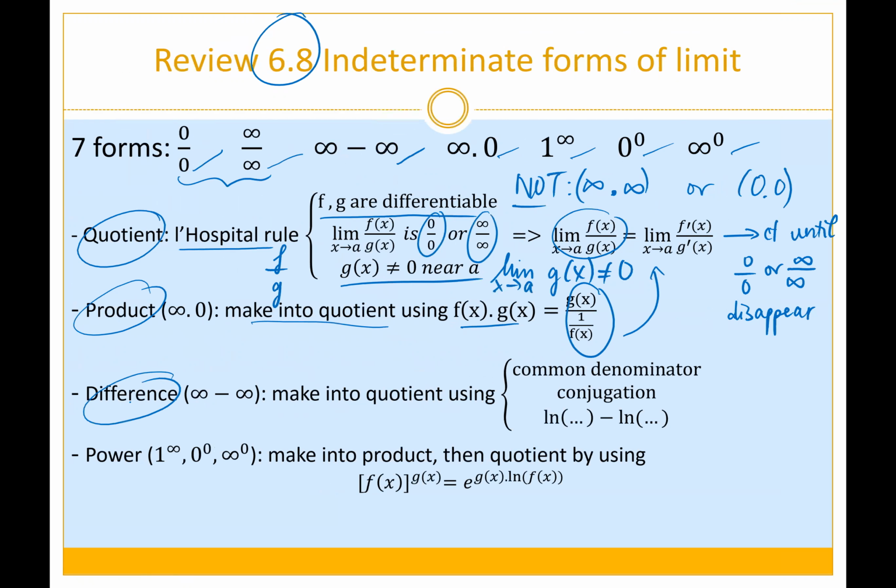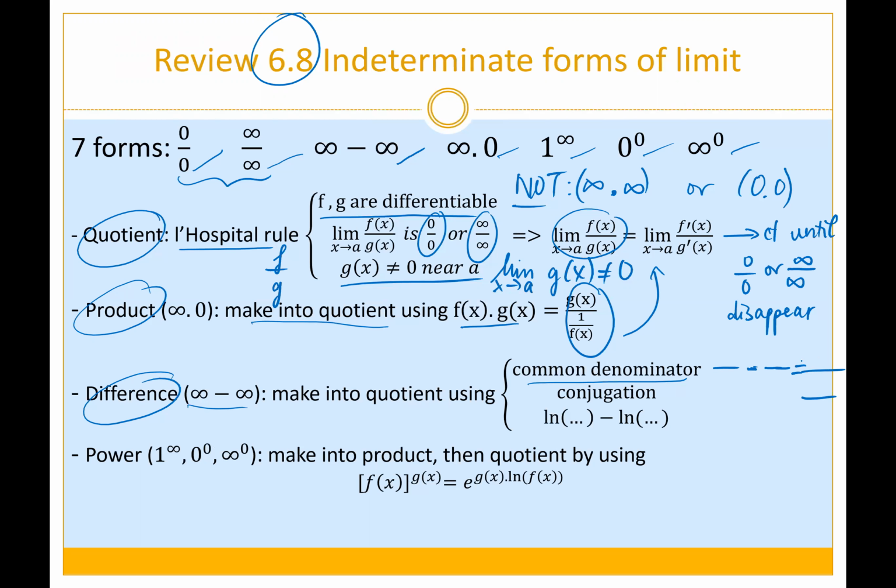If you're given a difference, you can also make it into a quotient using a common denominator, like a quotient minus a quotient, then making them the same denominator and seeing what happens in the numerator.